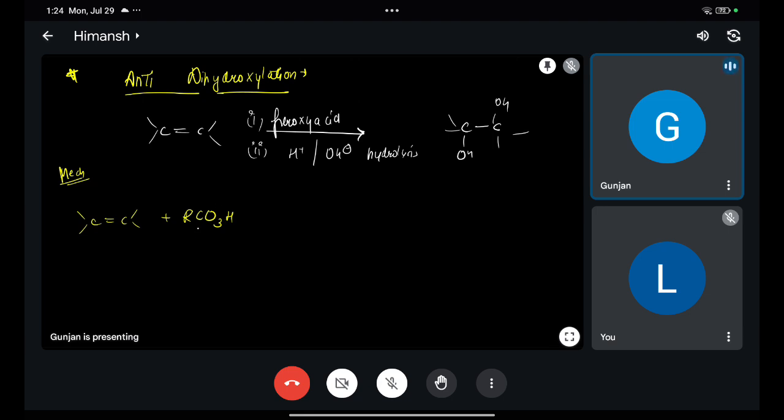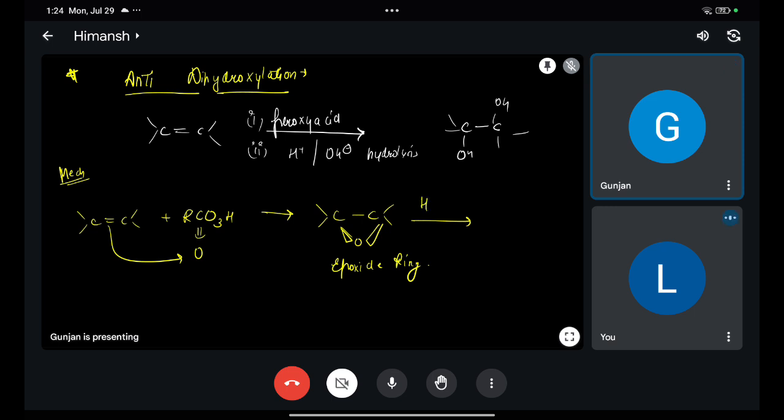The main ultimate goal of this peroxy acid is to supply an oxygen, which will be adding to form a ring like this. It is an epoxide ring which is forming over here. This epoxide ring is obviously in one plane only, right or no, Himansh? Yes, ma'am.